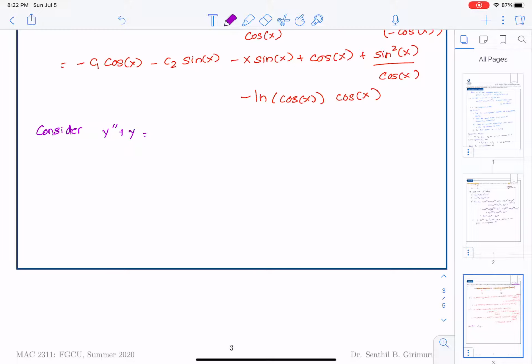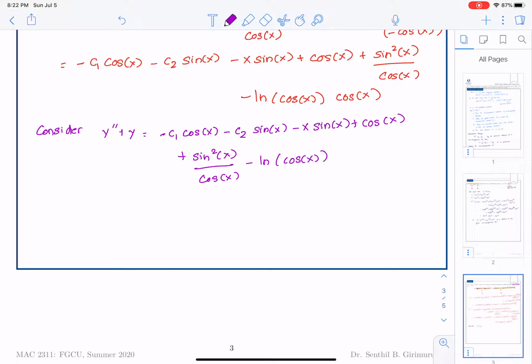And y double prime plus y is negative c1 cosine x, negative c2 sine x, negative x sine x plus cosine x plus sine squared x by cosine x minus ln of cosine x times cosine x, and add y to it. y is c1 cosine x, c2 sine x, x sine x, and ln cosine x times cosine x.